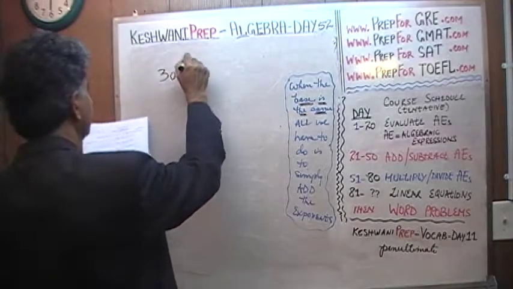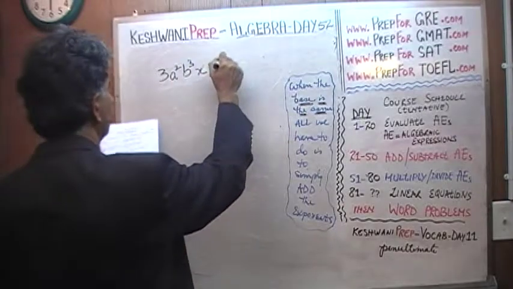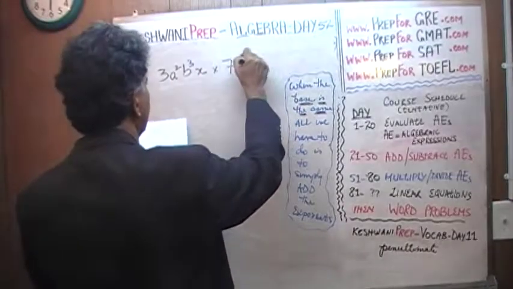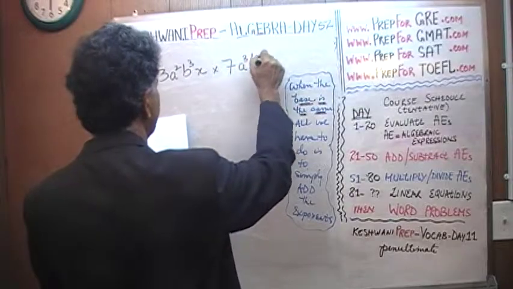3a squared b cubed x times 7 a cubed b squared x squared. Let's see what that gives us.